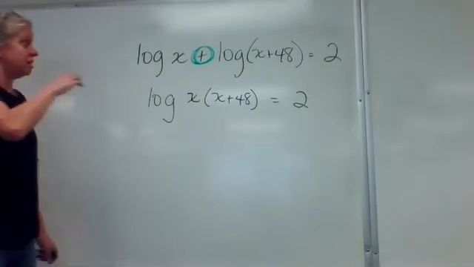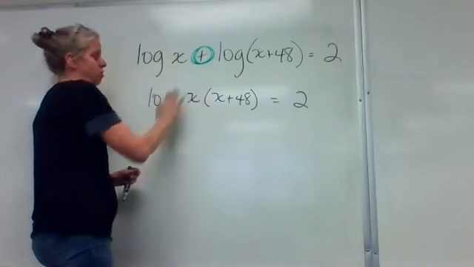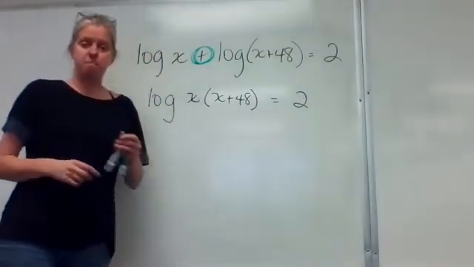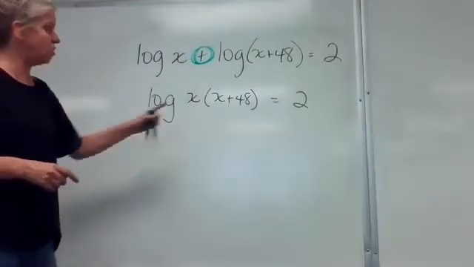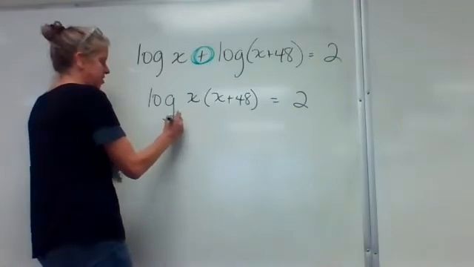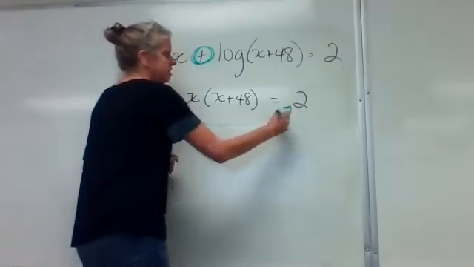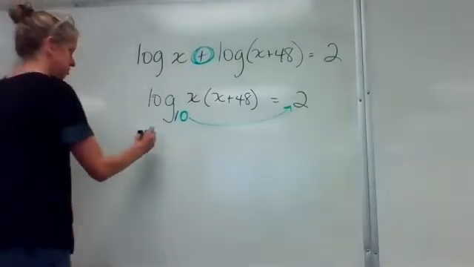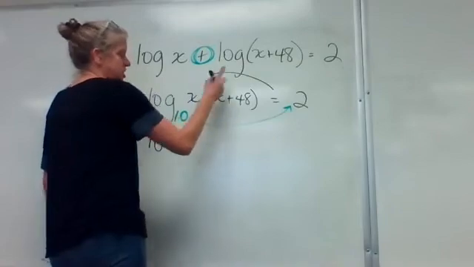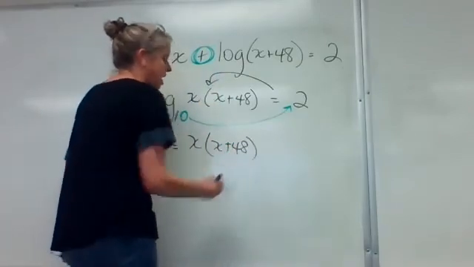So now that I've rewritten the sum of those two logarithms as a single logarithm, now I can use the method that I've been doing because I only have one log, which means I need to say, okay, its base is 10. 10 to the second power equals what's in this position, that whole thing, x times x plus 48.